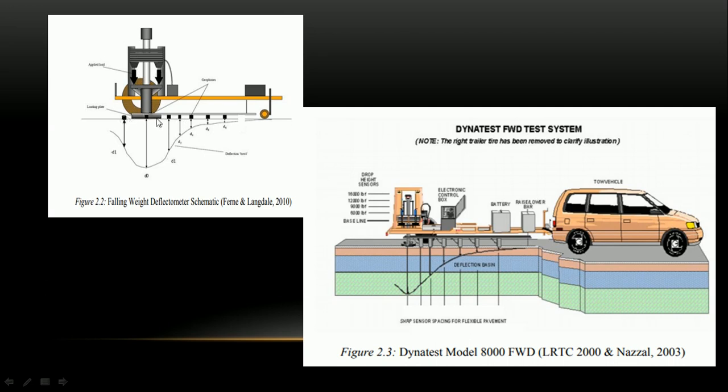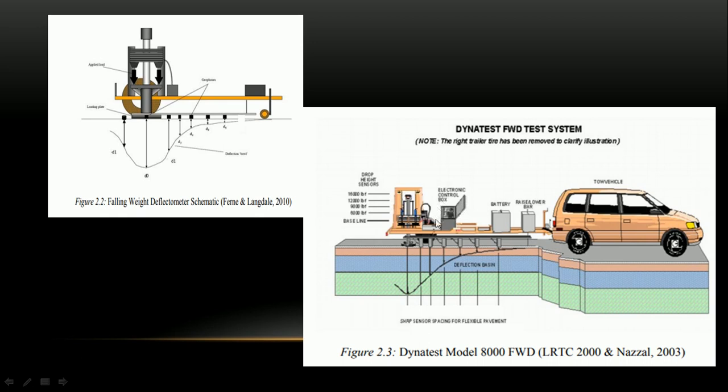The test plate is provided, and we apply the load. The weight falls on the road surface from a predetermined height. Because of the load, deflection waves are created, and they are recorded by the geophones. You can observe this in the second figure.